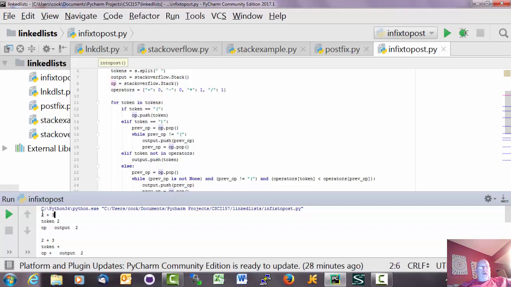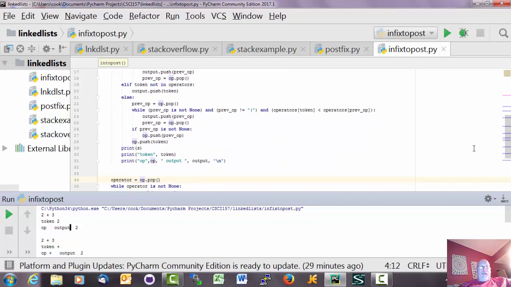So this for loop is going to do 2, plus, and 3. And then I'm going to show you the operator stack and the output stack after we've done all this work here. So after we've done all these else ifs and all that, here's where I'm printing those things.